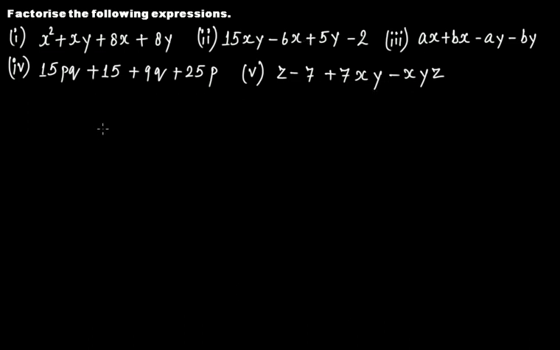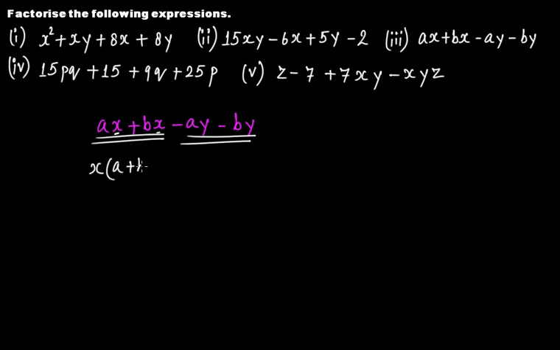Now in this case, you have ax plus bx minus ay minus by. Okay, what can we do in this case? Well, again, regrouping, because you don't have common factors amongst these four terms, group them together, right? In this case, you have x and x, take the common factor x amongst these two terms outside the bracket, and you have a plus b.